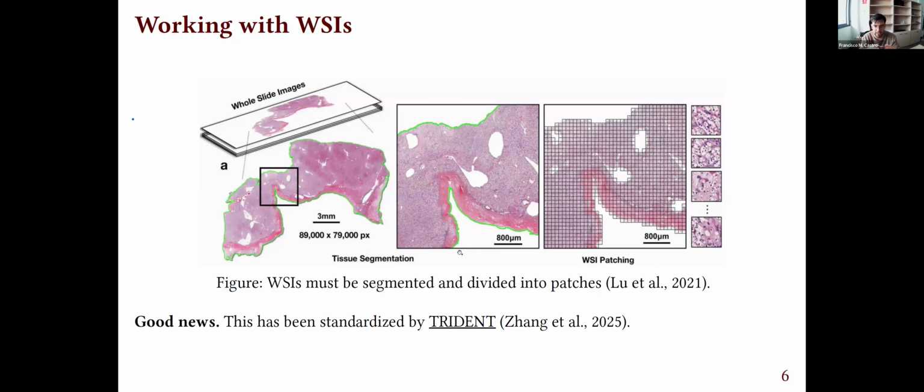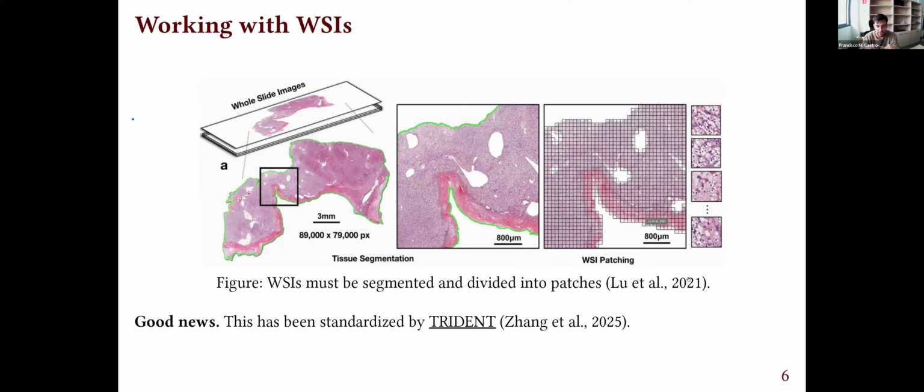They are gigapixel size images, which means they cannot be processed at once by a computer, and of course not by a GPU. So how do we work with them? We need to divide these images into something called patches, which is shown here on the right.